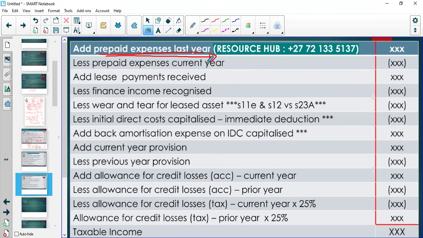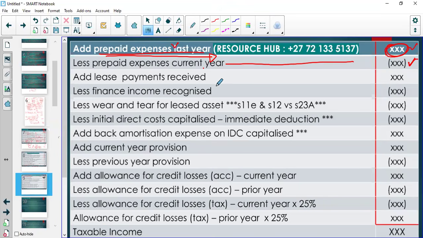But for now, every prepaid expense for financial accounting purposes, for the current year, we need to deduct. And for the last year, because we deducted it in the previous year already, we need to add it back now. Right. So last year prepaid expense, add back. Current year should be deducted for the purpose of determining the taxable income.